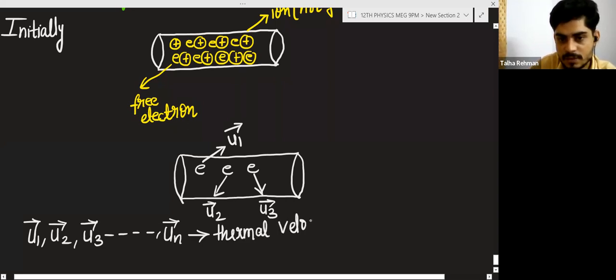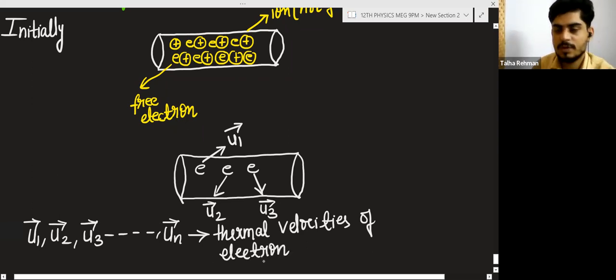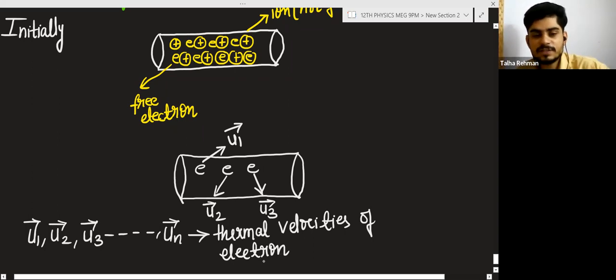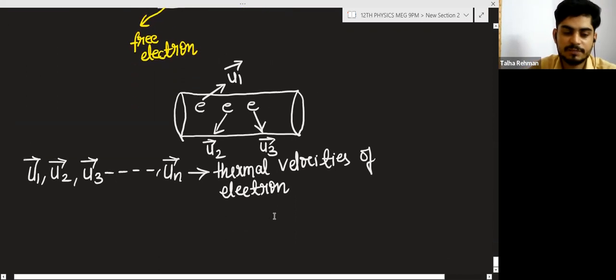These velocities are due to the temperature only.